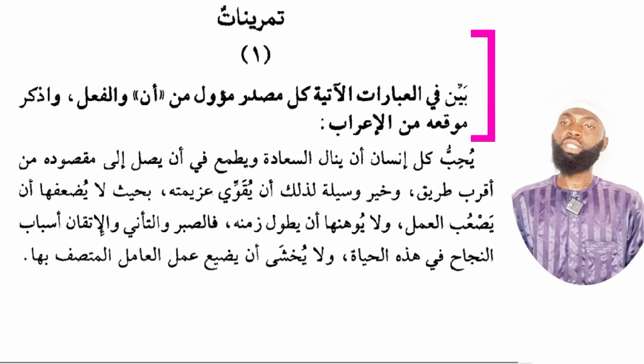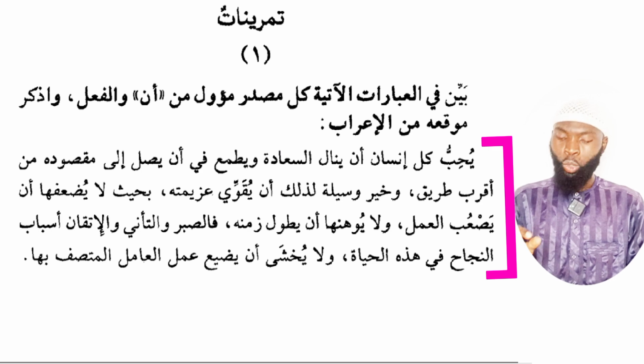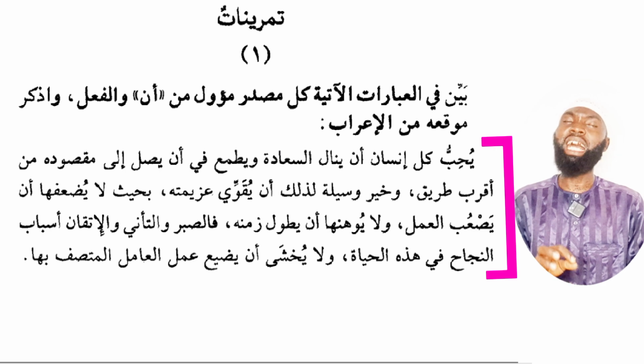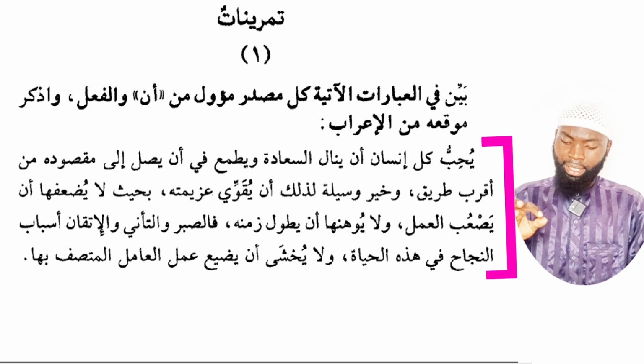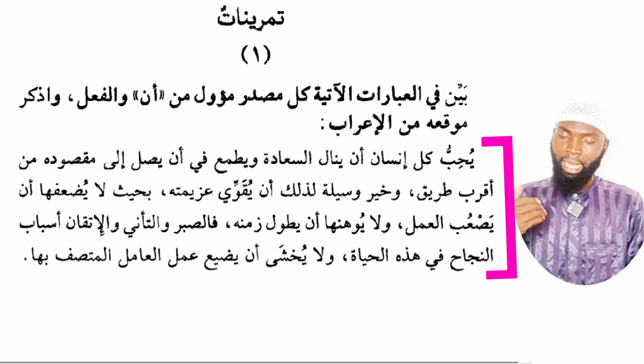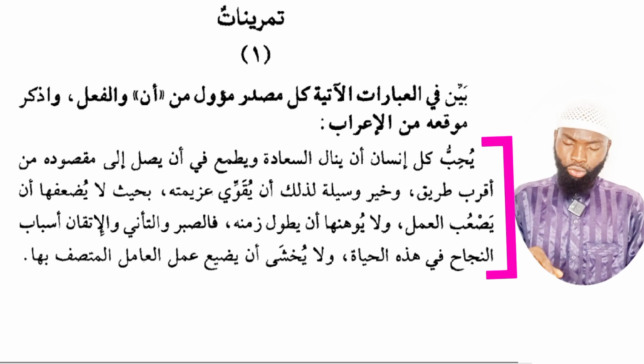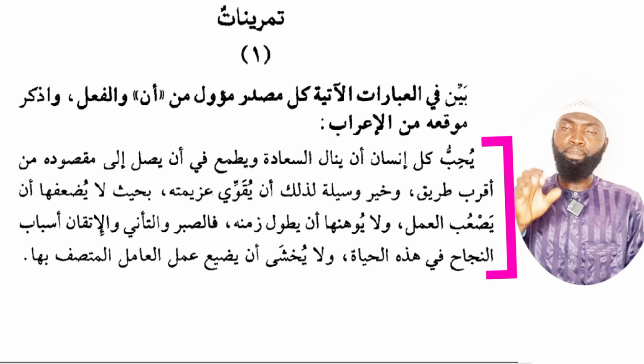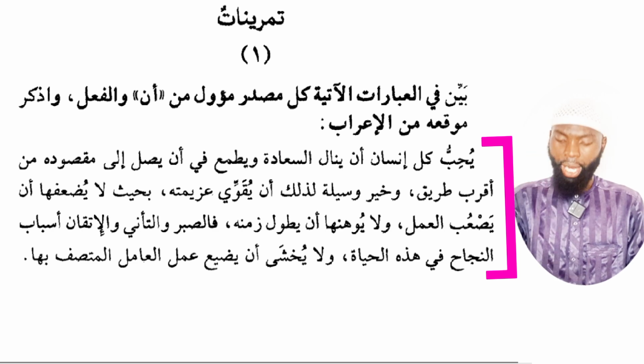The expression goes like this: يُحِبُّ كُلُّ إِنسَانٍ أَنْ يَنَالَ السَّعَادَةَ وَيَطْمَعَ فِي أَنْ يَصِلَ إِلَى مَقْصُودِهِ مِنْ أَقْرَبِ الطَّرِيقِ. Every person loves that he gains his happiness and he desires to reach his goal in the closest way.